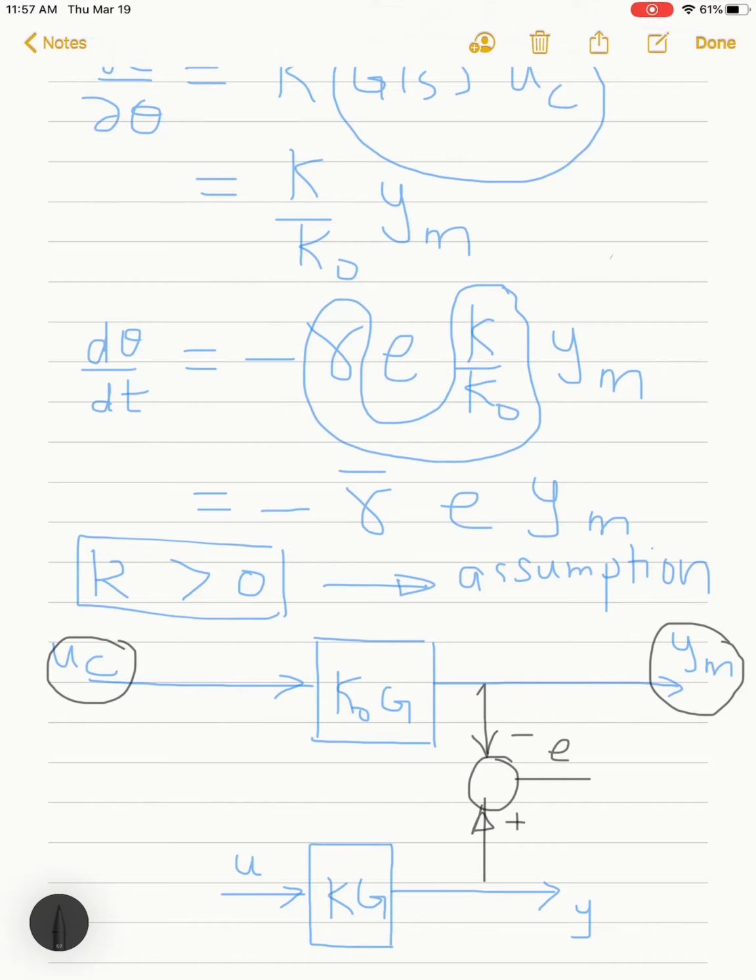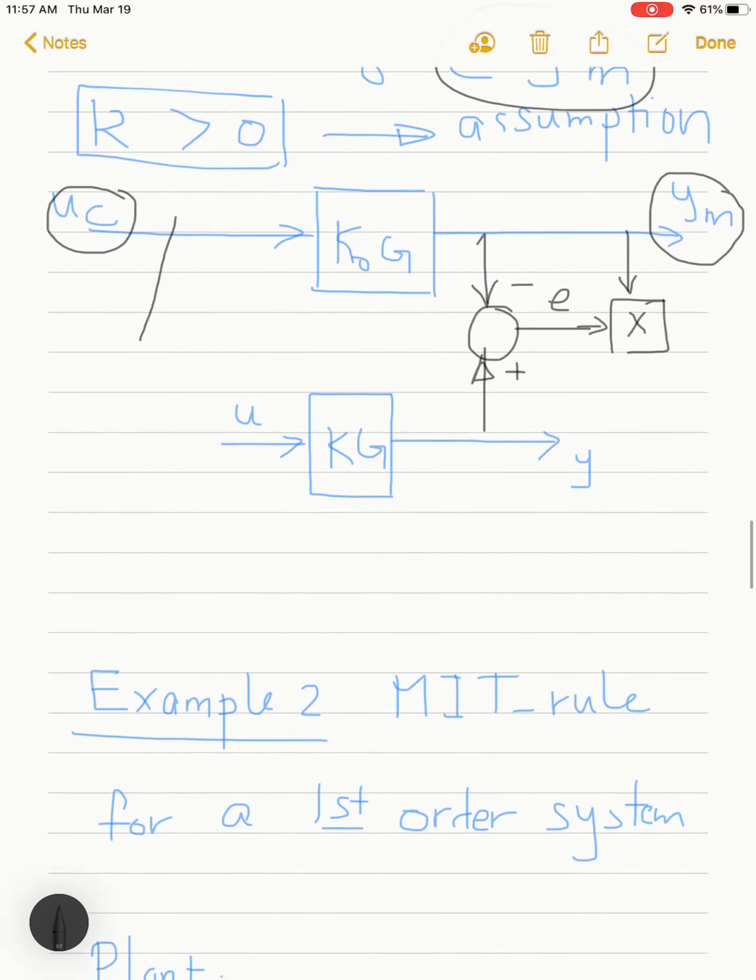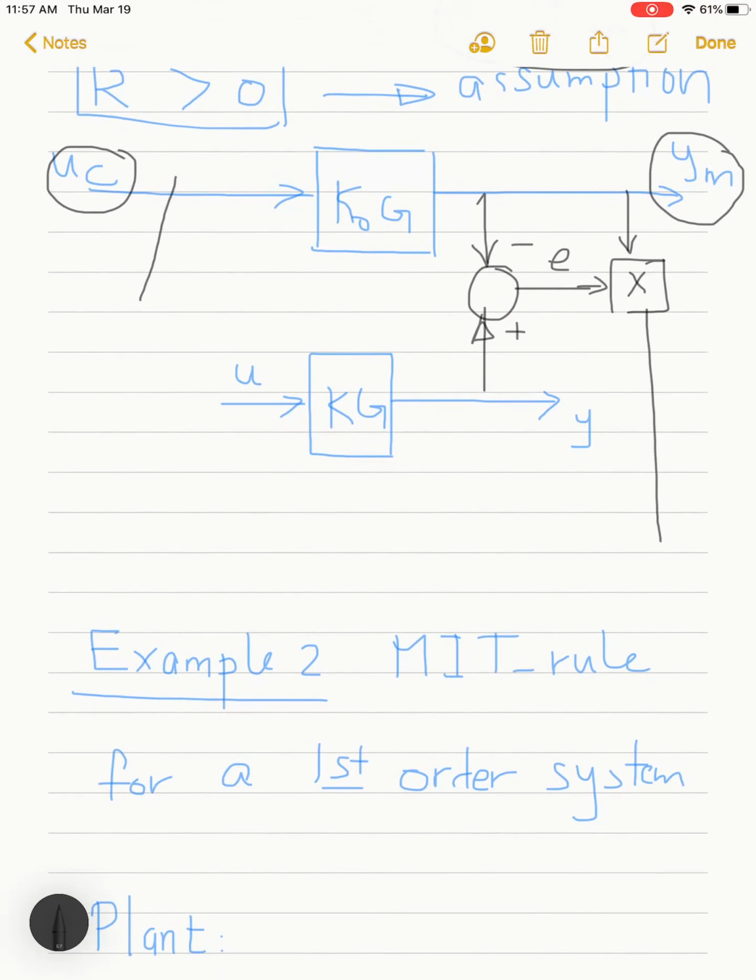And then I have to multiply that error signal by ym. So here is the multiplication of the error signal times the output of the reference model. And the result of that should be integrated. So I multiply here by minus gamma bar over s. 1 over s is the integrator.